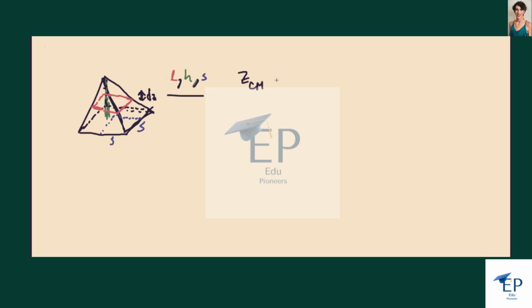The center of mass, the z coordinate, is what we're looking for here, because the center of mass will be 0 for the x and y coordinates. So the z coordinate of the center of mass is given by the integral of z dm over the total mass m.